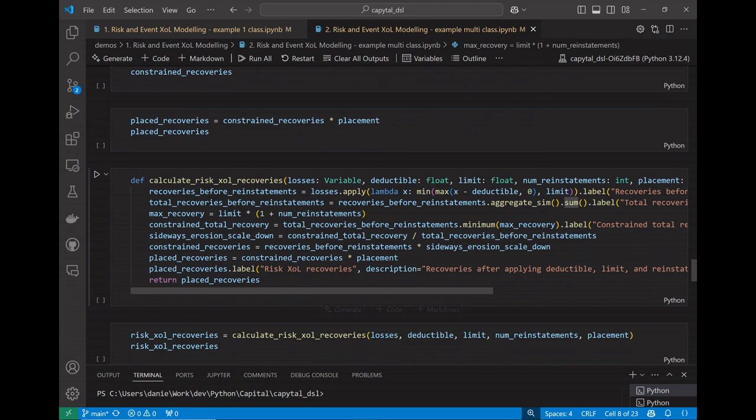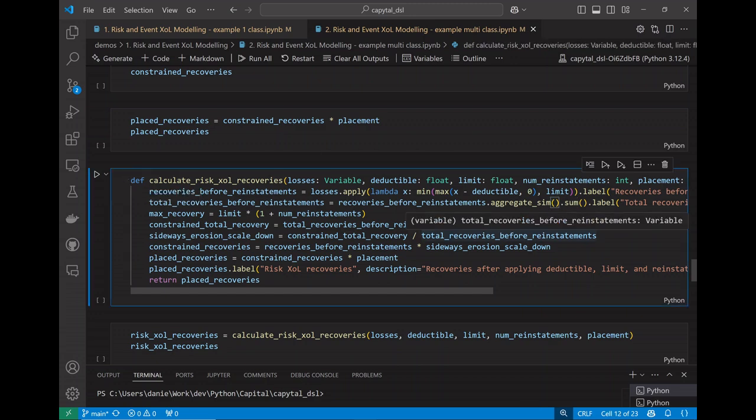And so our modified function to calculate risk XoL recoveries really looks exactly as we had it in the previous example, except that we have put in this sum step here, so that when we're calculating that sideways exhaustion of the reinstatements, we're thinking about all the contributions to that across all classes and years.